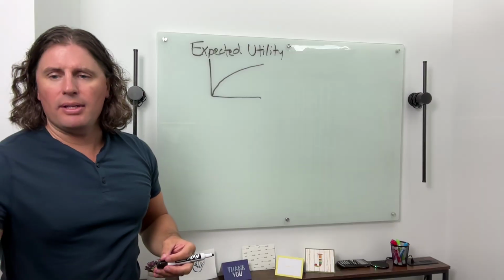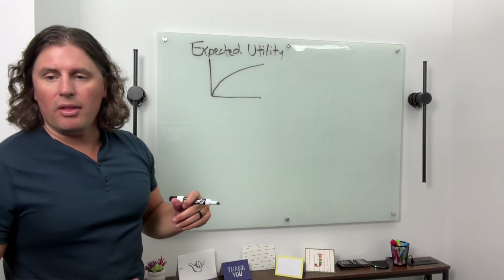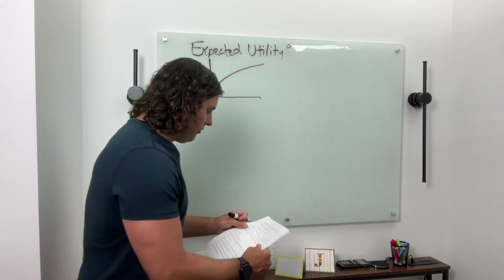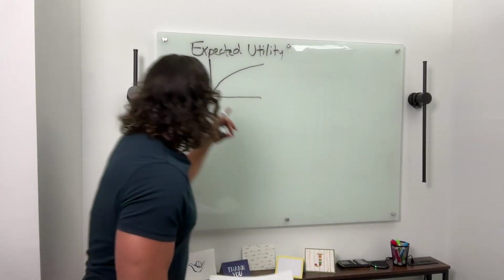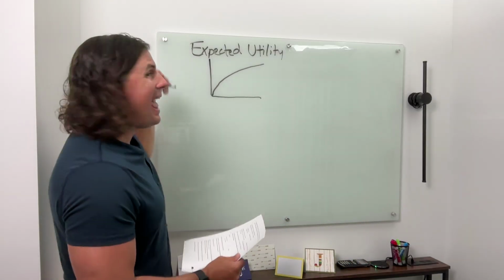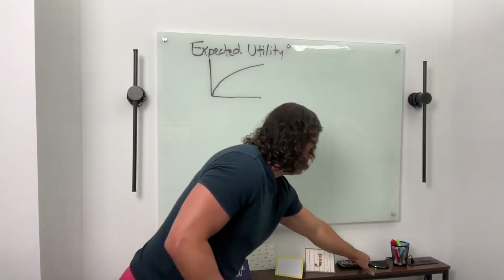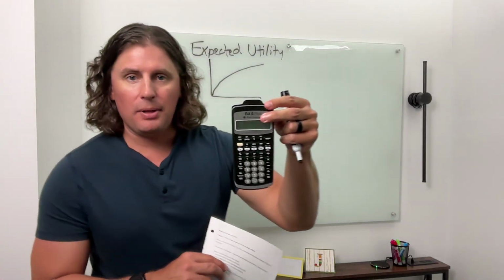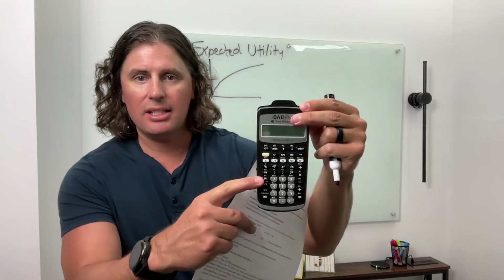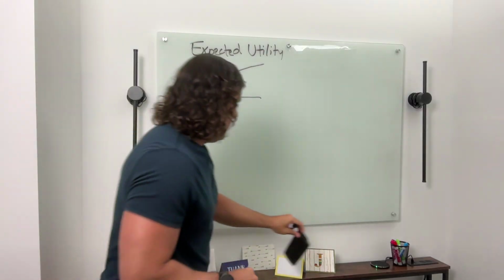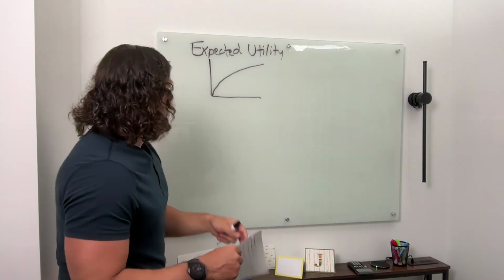And I'm going to lay out an example here, but let's get the function written out first. I'm going to introduce you to a term. This is called the natural logarithm, so ln. And if we're working on a BA II Plus calculator, you're going to see the ln right next to the 7 here. And I'll show you how to use that in just a moment.